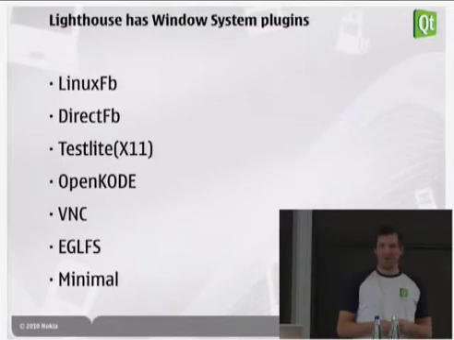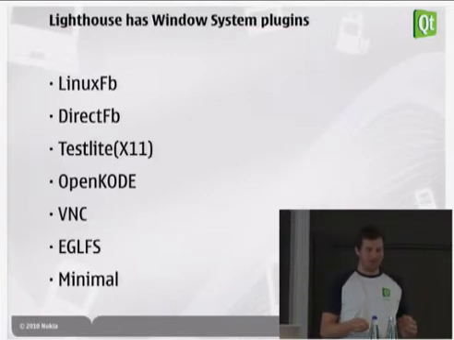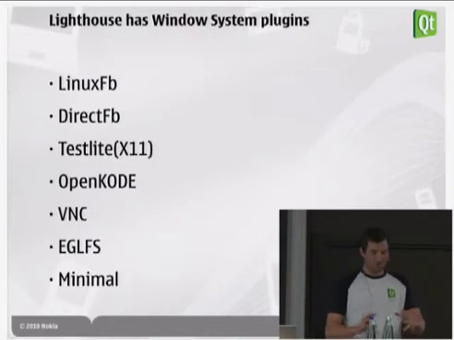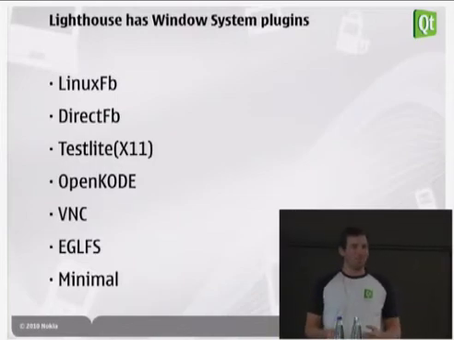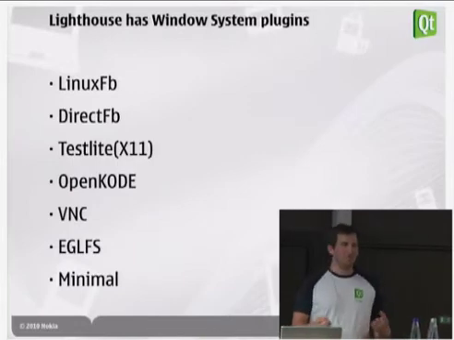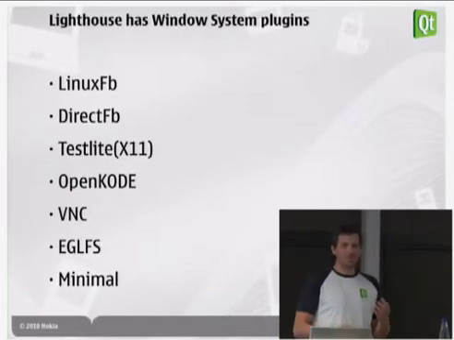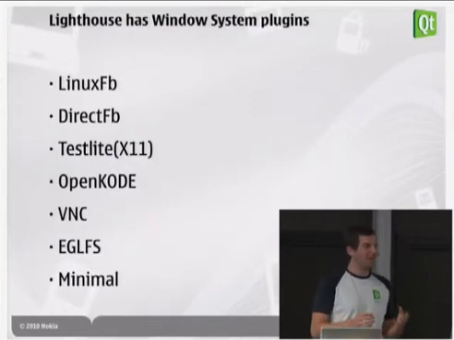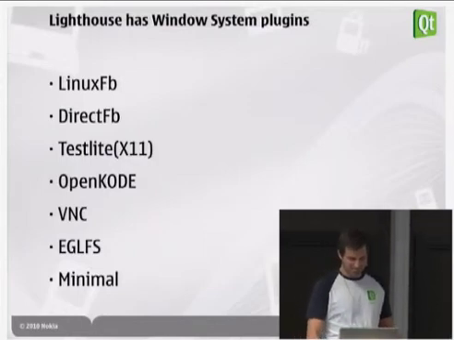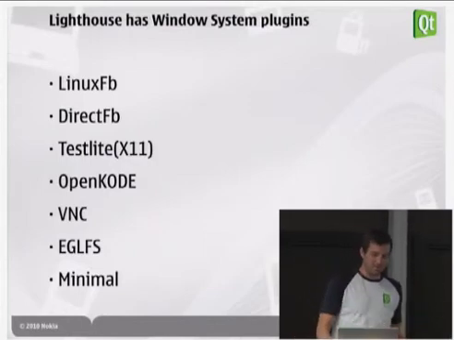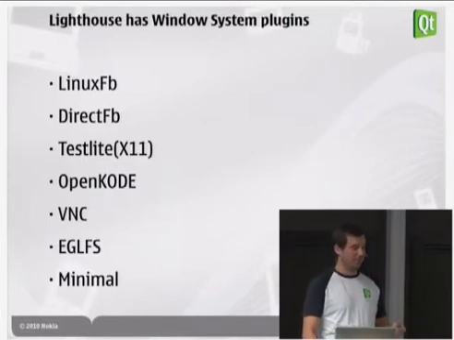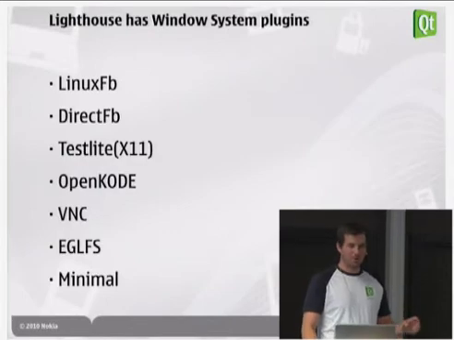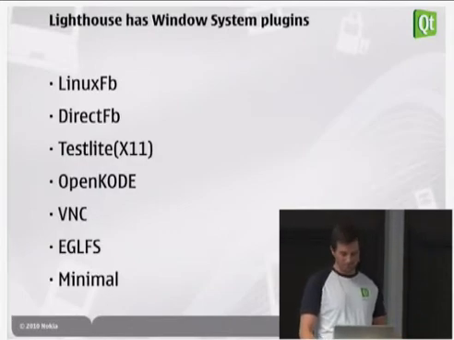Then Harald had made a very crude implementation for OpenKode, so I just took that and made it work. The thing is that making Lighthouse plugins is really easy, right? And then we did VNC. We did a full-screen EGL, and we did the cross-platform minimal plugin.